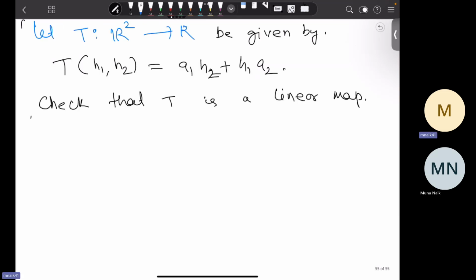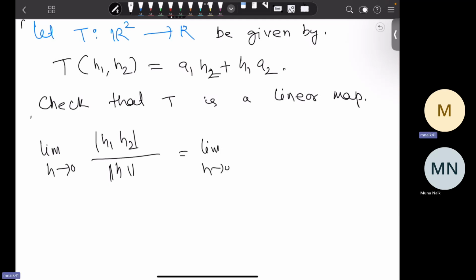So the thing is, if you look at H1 H2, the limit as H goes to 0 of H1 H2 mod by norm of H. This is H1 and this is H2 mod by norm of H, and this factor is less than 1.